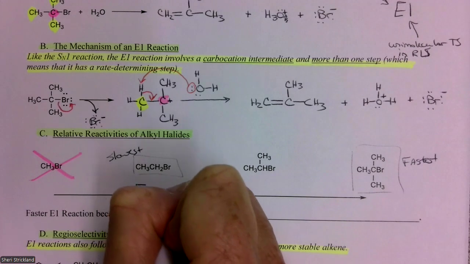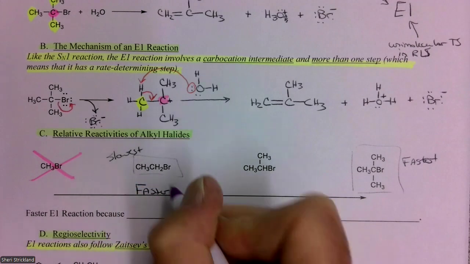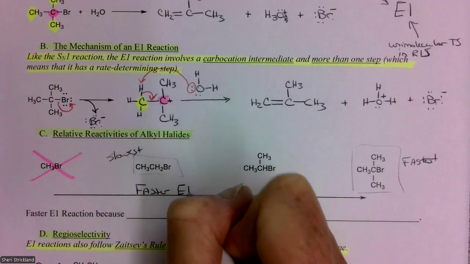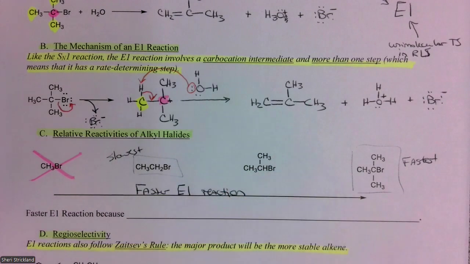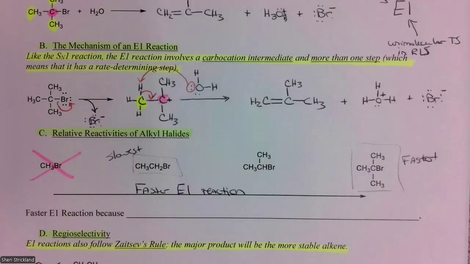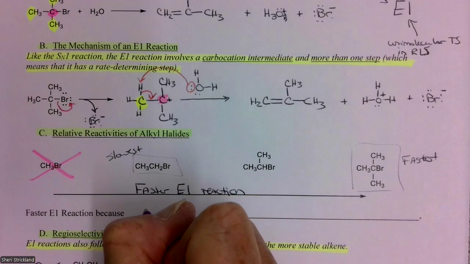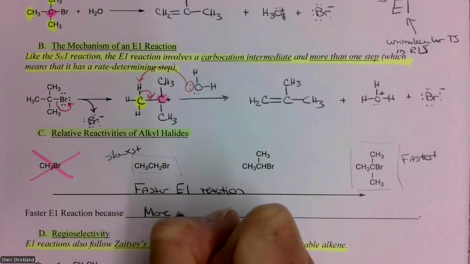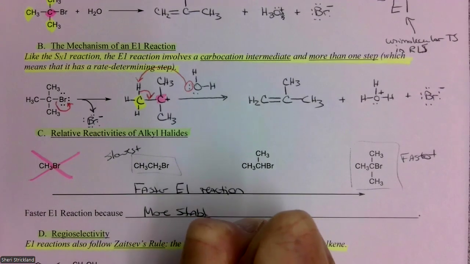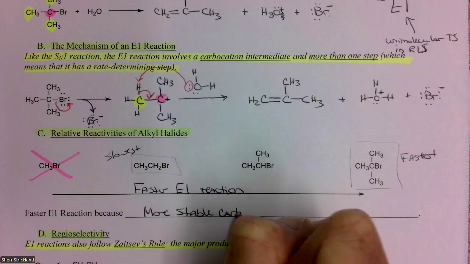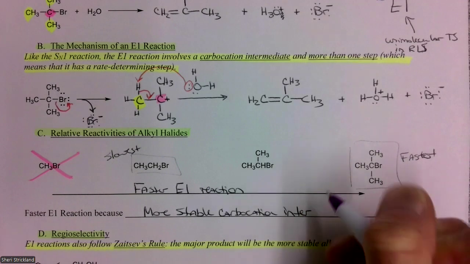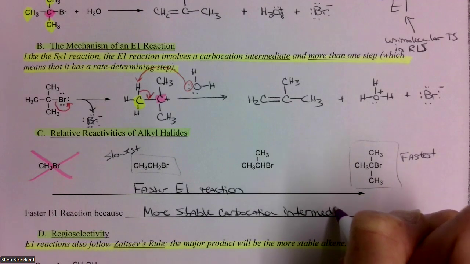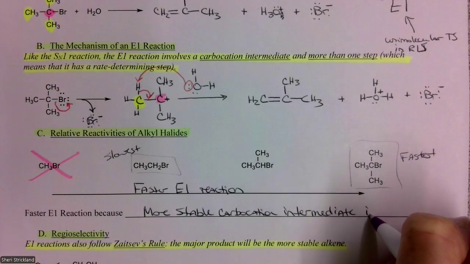So we still have a faster elimination reaction, in this case an E1 reaction. But it's not because we're forming a more substituted alkene, it's because we're involving a more stable carbocation intermediate. All right, so a more stable carbocation intermediate is involved.